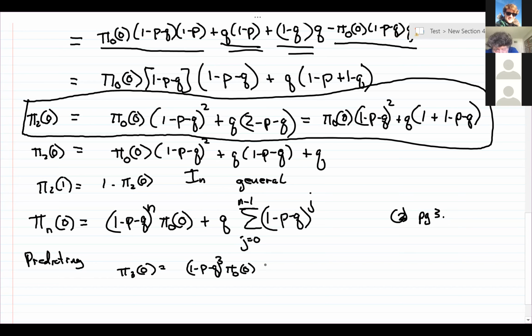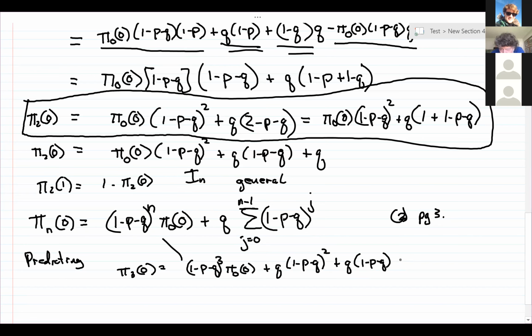This becomes q times (1 minus p minus q) squared. And this becomes just that, q times (1 minus p minus q), well, this is clearly that. Is this the sum you would get here? Well, let's see. When j is 0, oh, and then you have a plus q.